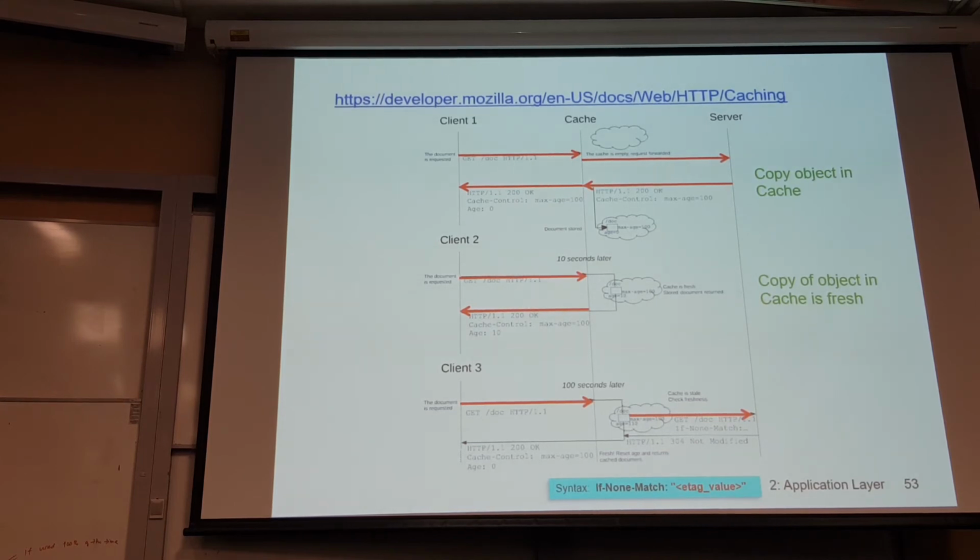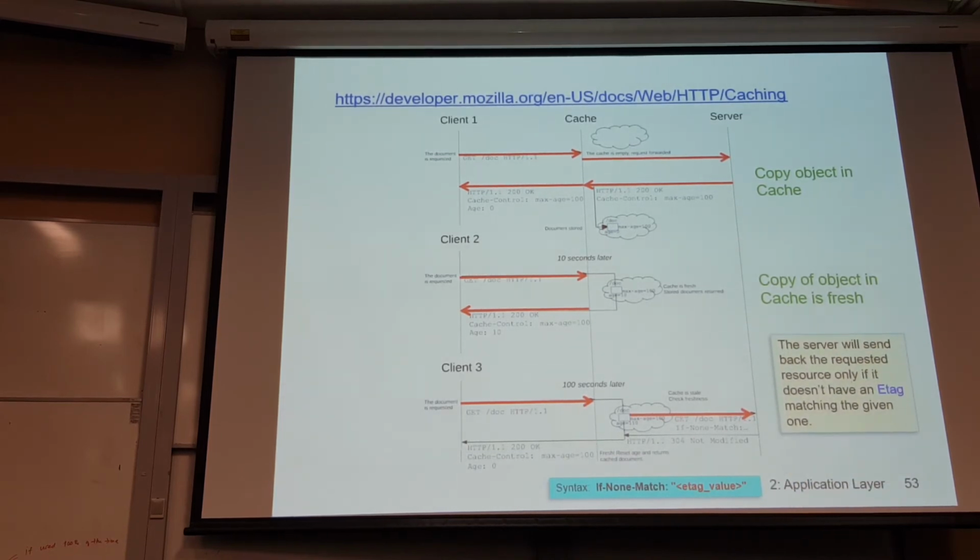If none matches this e tag value in your own origin server's directory, then it's asking, please send me the new copy.